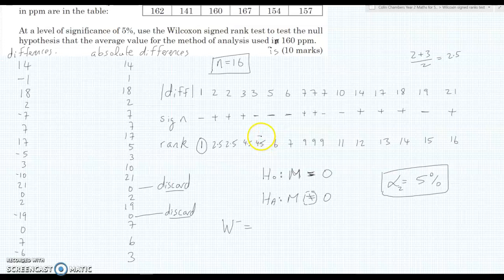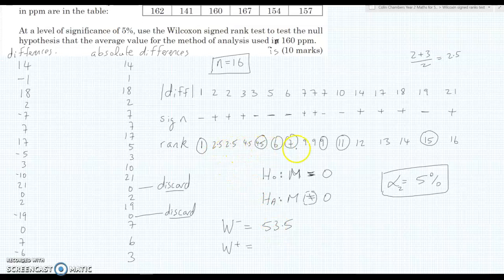That's 4.5, the 6 and the 7. Rank 9 there, rank 11 and rank 15. They're the negative ranks. So we'll add together those numbers in the circles, and you'll end up with 53.5.